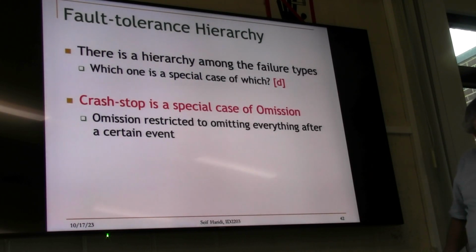If at a certain point in time we omit all receives and sends, then it's totally indistinguishable from crash stop. Okay? So a crash stop is a kind of omission. Okay? Is a special case of omission. But omission is more general. Omission, you can have a few messages dropped and then it keeps going again. Crash stop, once it stops forever, it's stopped forever.